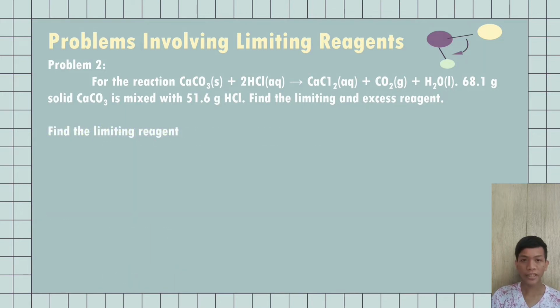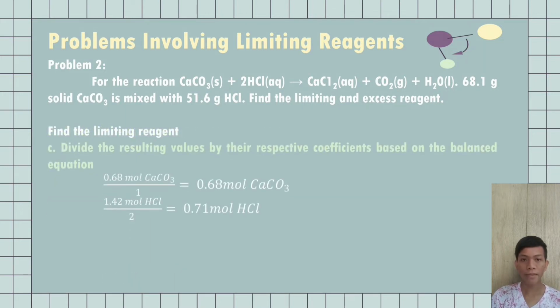After converting the reagents to moles, divide them by their respective coefficients based on the balanced equation. For calcium carbonate, its coefficient is 1, therefore 0.68 moles will be divided by 1, which is equal to 0.68 moles. On the other hand, for hydrogen chloride, its coefficient is 2, hence 1.42 moles will be divided by 2, which is equal to 0.71 moles.